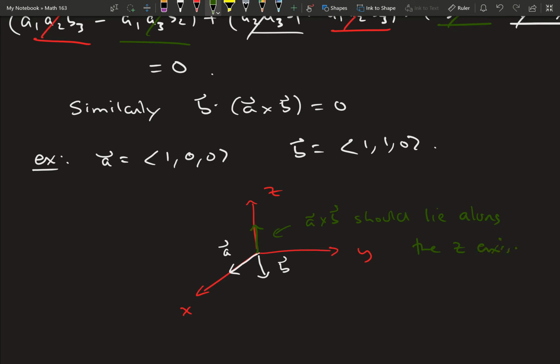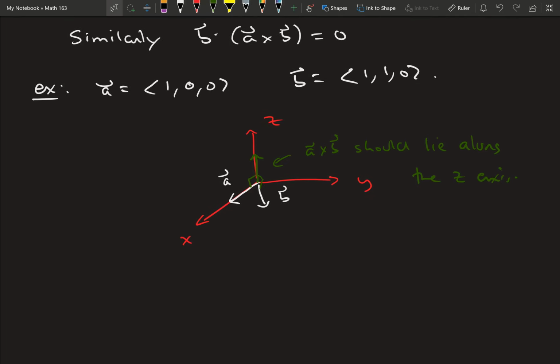Because you can see visually that that'll form a 90-degree angle with the B vector. It'll also form a 90-degree angle with the A vector. So let's check that what we see visually is actually what happens.